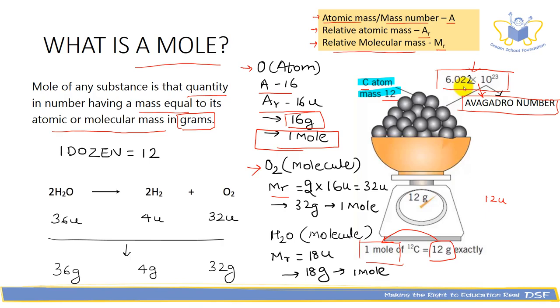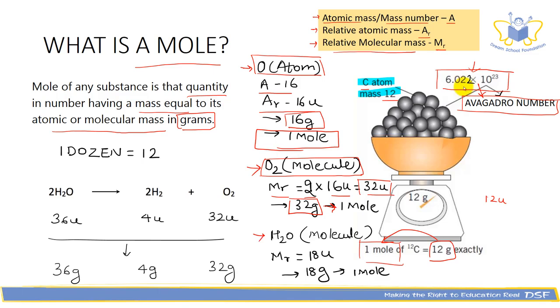So it is going to be 2 into 16 units, which is equal to 32U. So if I take 32 grams, I'm going to get 1 mole of oxygen molecules. Look at how different a molecule of oxygen and an atom can be when it comes to moles.